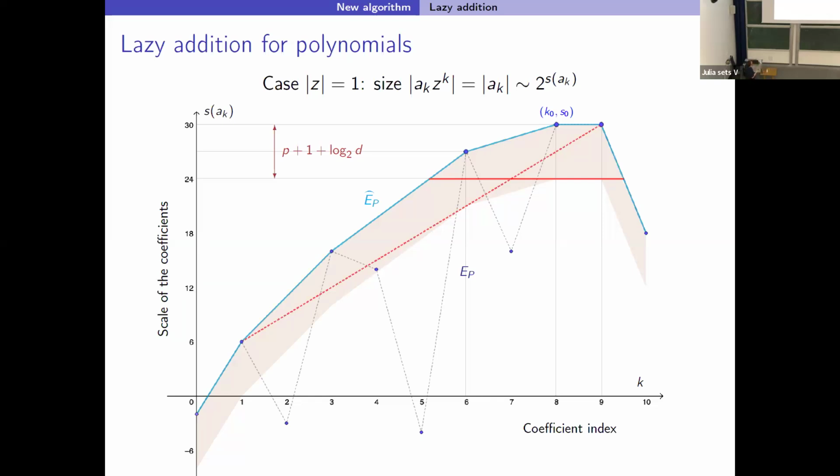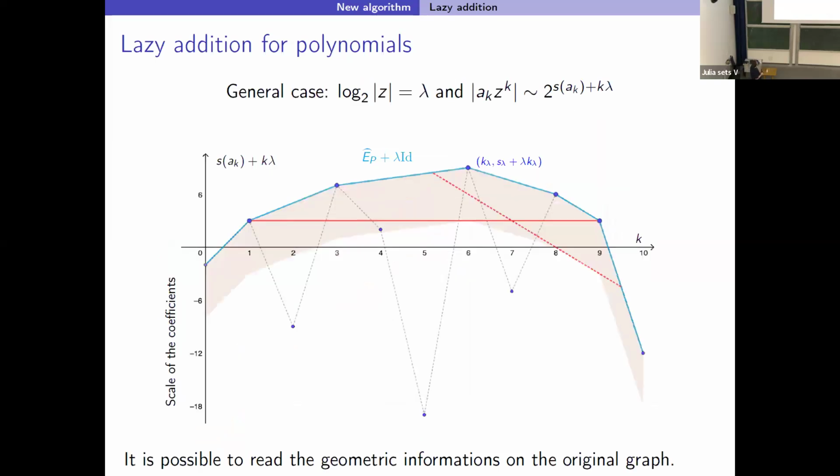Now, what happens in the general case when the modulus is not 1? Well, it turns out that we can compute very easily the scale of monomials because it's a power and you take the logarithm. So you just add a linear function to your concave graph and it stays concave.